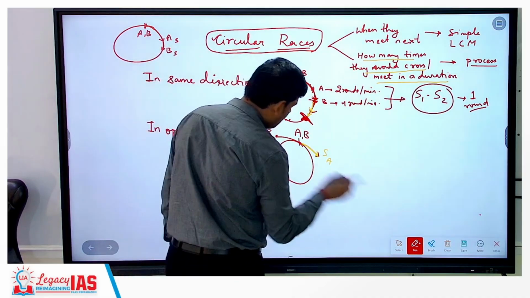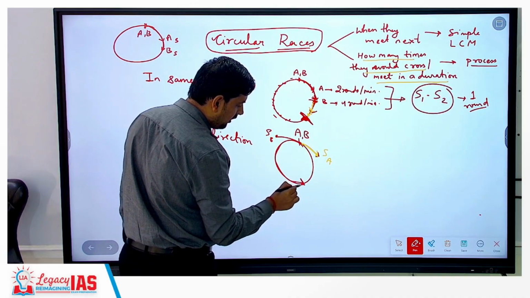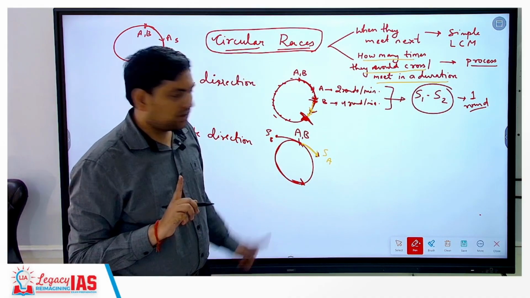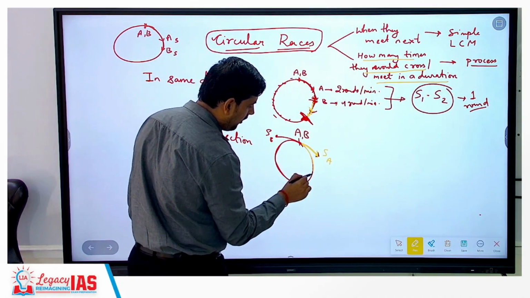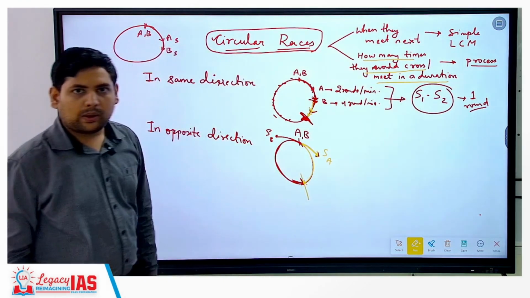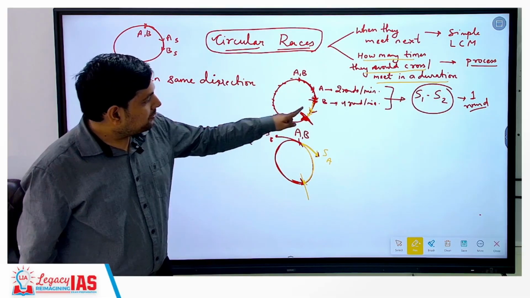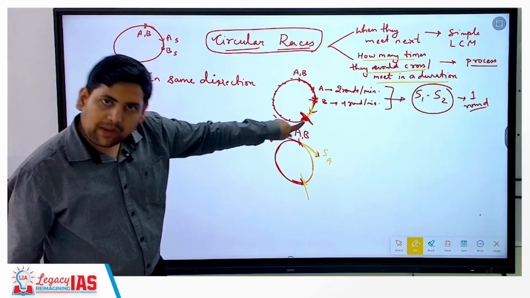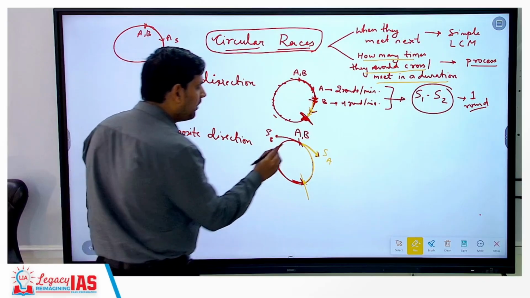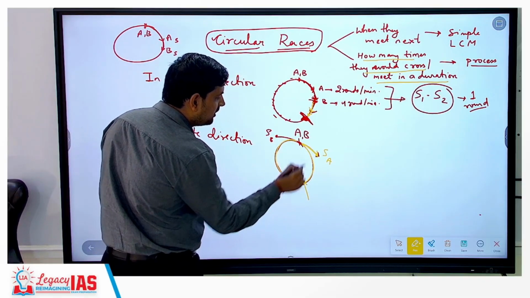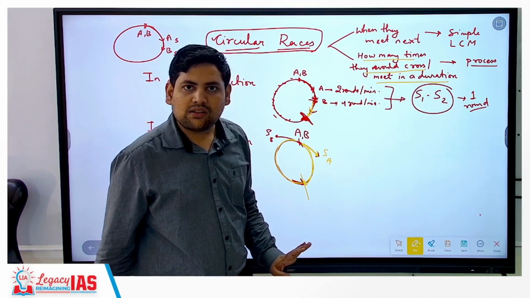Let's say B is traveling faster, so B travels this much, not completed one round yet, and A moves this much, and they can meet. Can you see? Both of them have not completed one round and they meet. Earlier B had completed one round and then came back and met A. Correct? So here B has traveled this much and A has traveled this much, so together they are completing one round and then they meet.